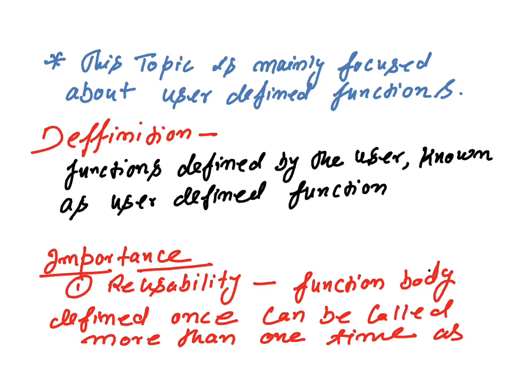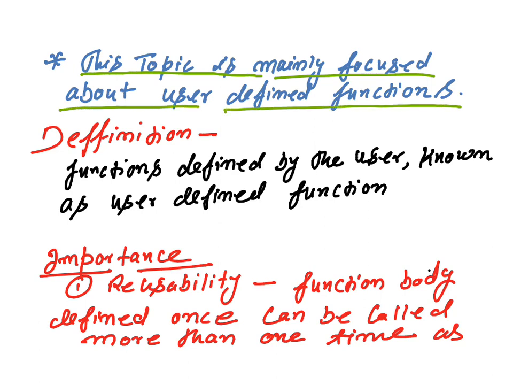In that case, Python provides us the facility of user-defined functions. So in this topic, we are mainly focusing on user-defined functions. The other two types we have already discussed in class 11th, and some part we will discuss in a later topic.